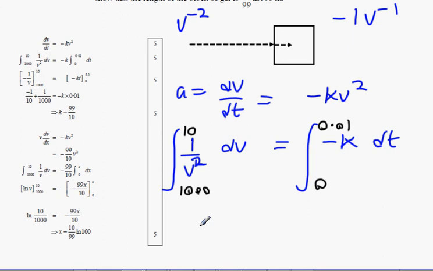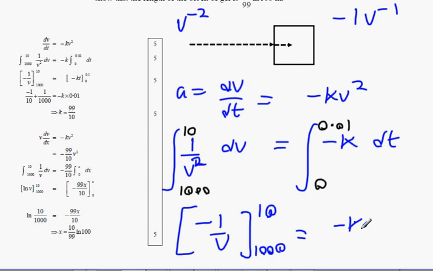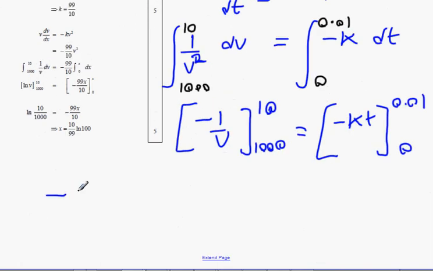So it's going to be minus 1 over v when we integrate from 10 to 1000, and then it's going to be minus kt from 0.01 to 0. So what we get is minus 1 over 10 minus 1 over 1000 equals minus 0.01 k.